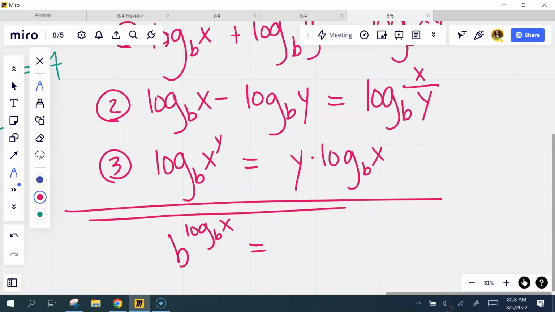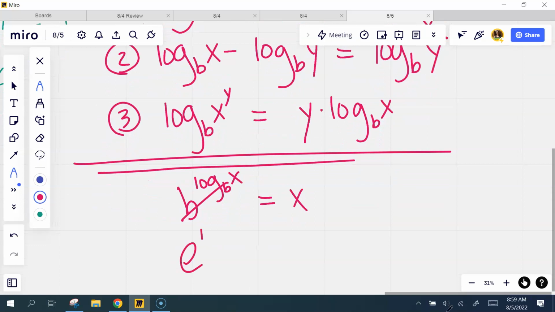Y'all remember? X. These just cancel. Y'all remember that one? No, clearly not. So if this was e to the natural log, we'll use this one a lot. E to the natural log of whatever, 5, this would just equal 5 because natural log is, of course, log base e.